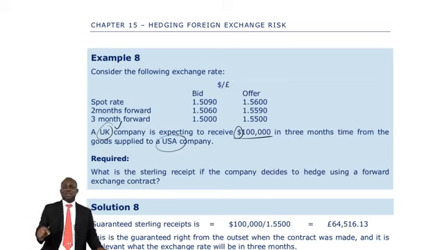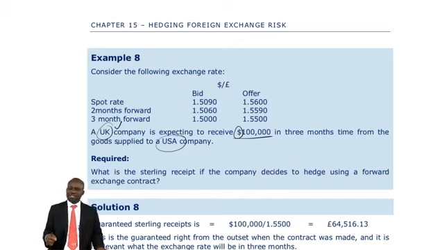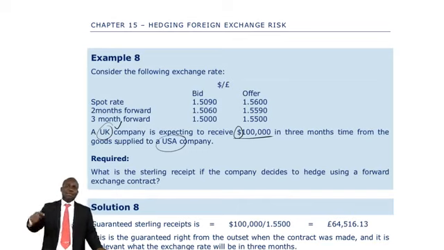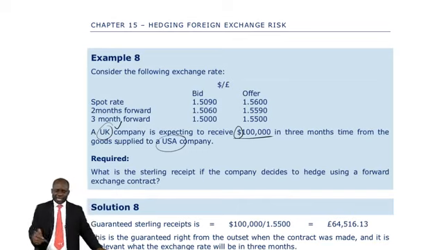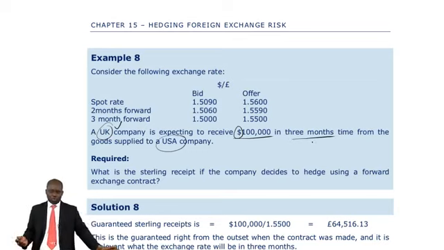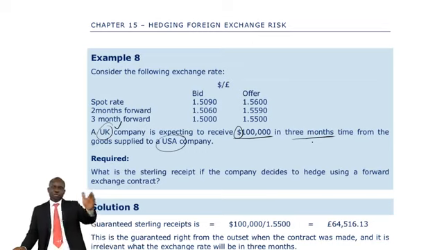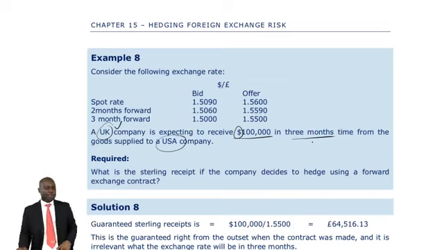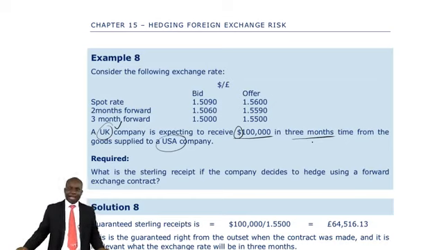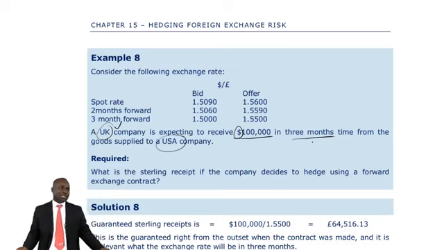Is the settlement happening now? Settlement is not happening now, but on a future date, which is 3 months' time. So what will I do? I would have to think of hedging it because between now and the 3rd month, the exchange rate will be moving. And if the exchange rate moves, I might make a loss or I will make a gain. And that is what is called a transaction exposure.